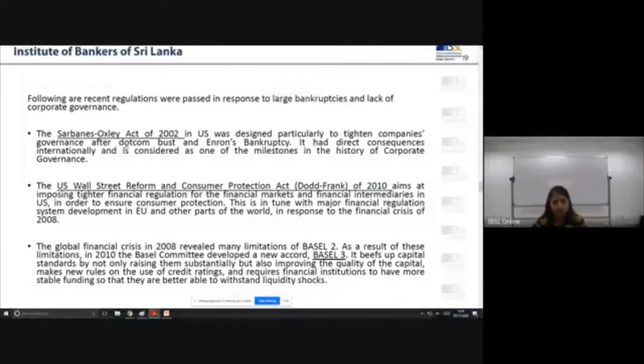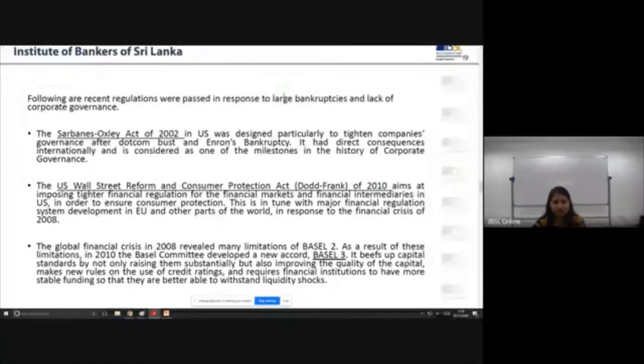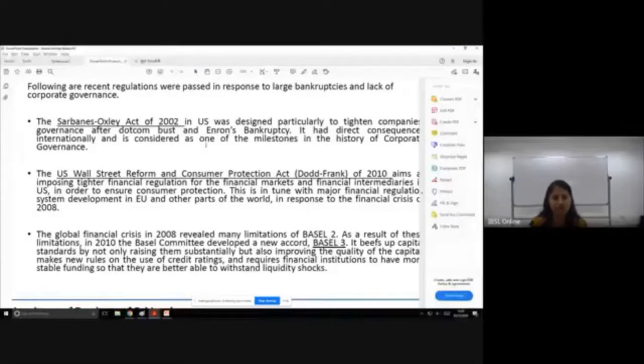This was a major transformation in the regulatory environment when it comes to financial markets.